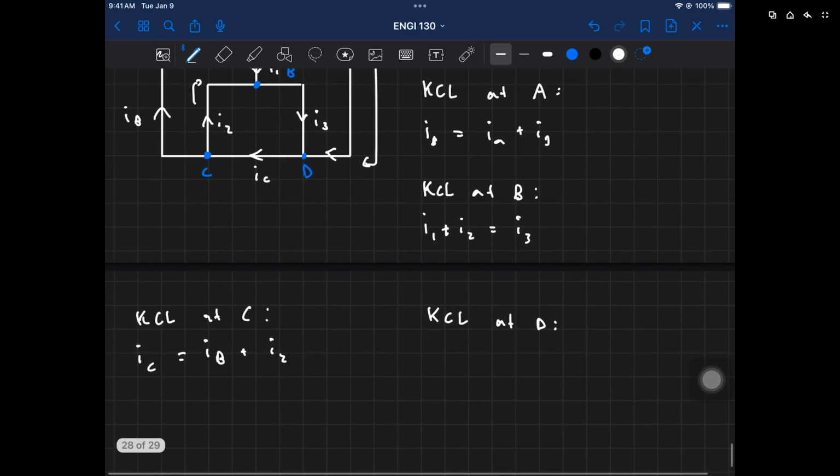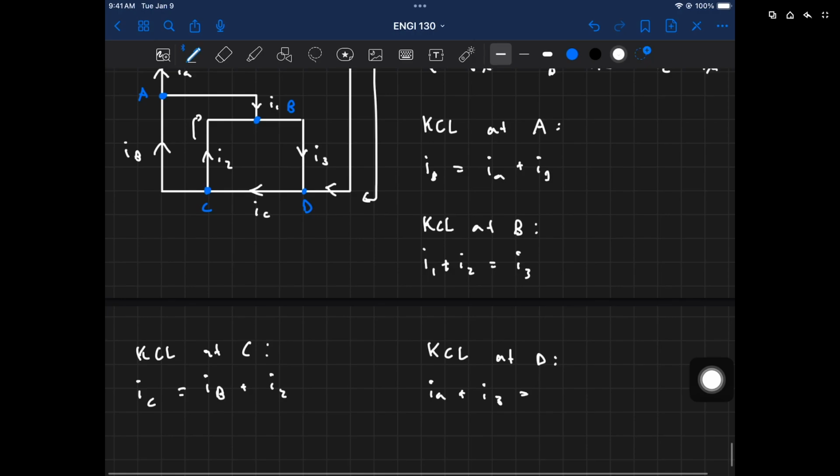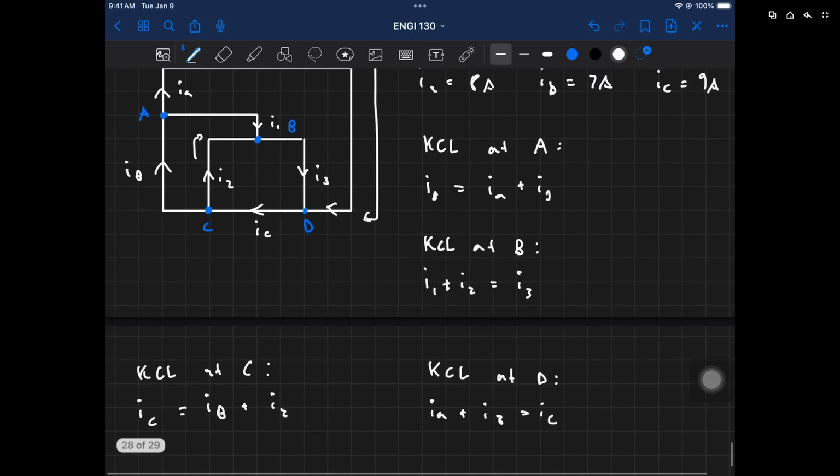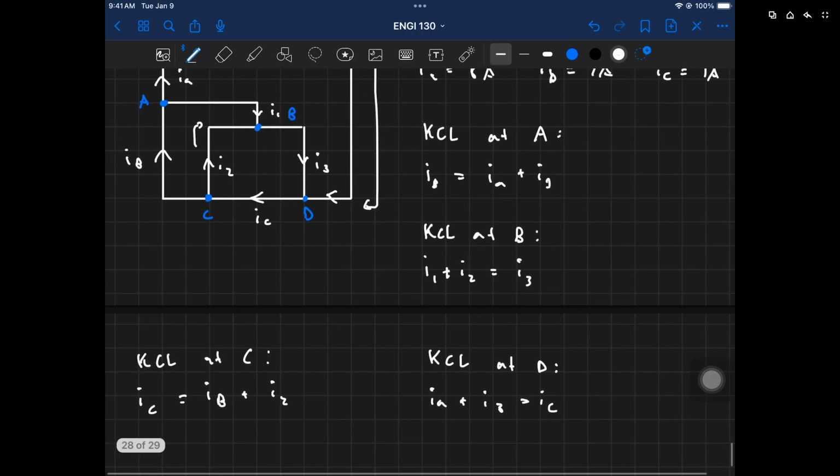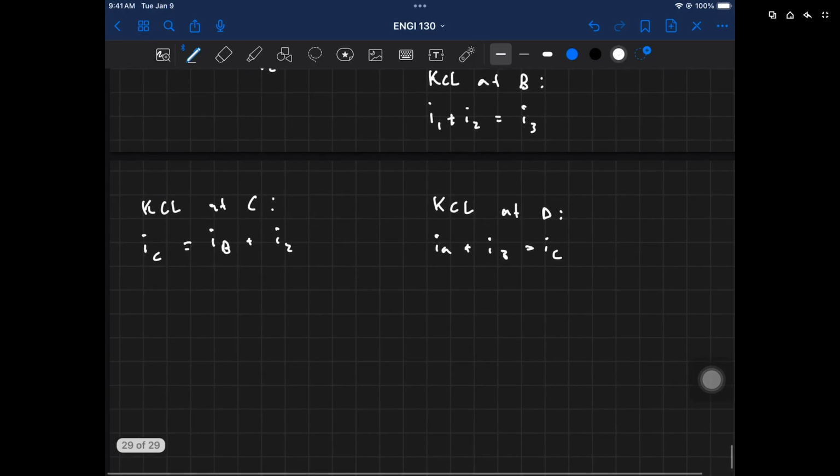So we have IA plus I3 is equal to IC. Boom. Now we can plug in all the constants, IA, IB, IC, and we can solve. Right, so we have three unknowns and 4 equations. So this is very solvable.